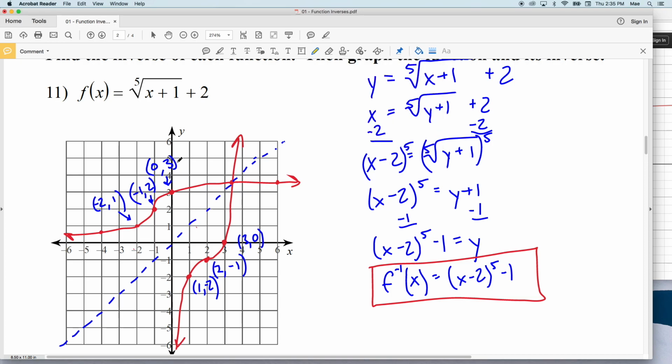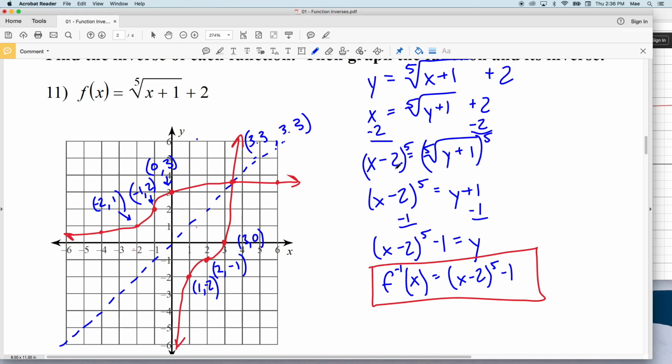So you can see 0, 3, we switched x and y, that became 3, 0. Negative 1, 2, switching x and y for the inverse, 2, negative 1. Negative 2, 1, switching x and y, 1, negative 2. That's why the intersection occurs at a point where x and y are equivalent. That was roughly 3.3 and 3.3.